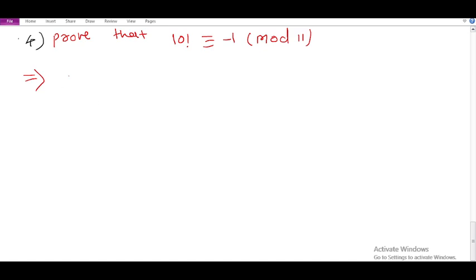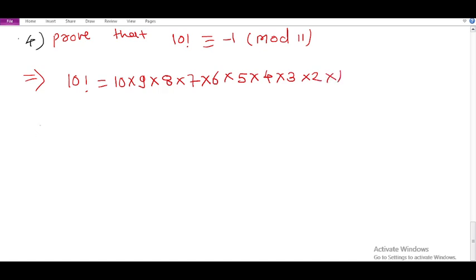So we know that 10 factorial is equal to 10 into 9 into 8 into 7 into 6 into 5 into 4 into 3 into 2 into 1.